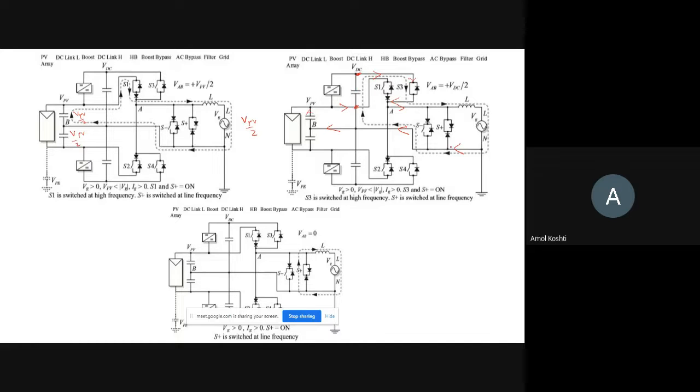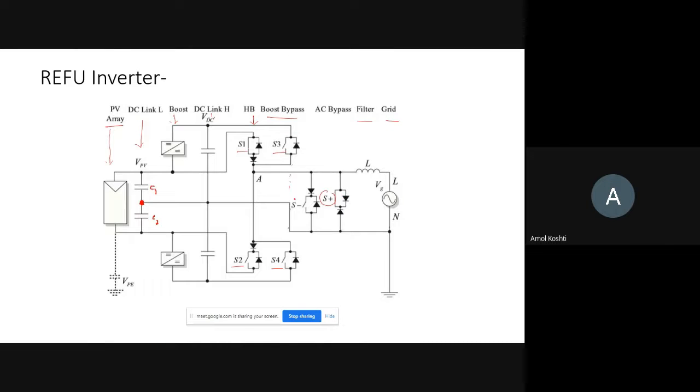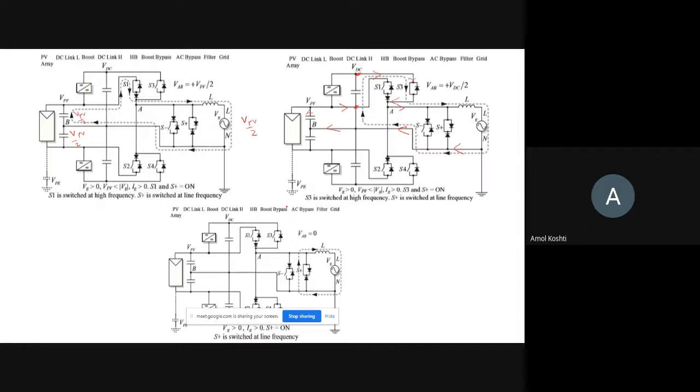Again some output is produced here, and to produce a zero output they are using either of these switches, which they marked as S plus and S negative. Here again the positive output is produced, so VDC output is there, and here 0 is produced. In this way the output for the positive half can be produced.